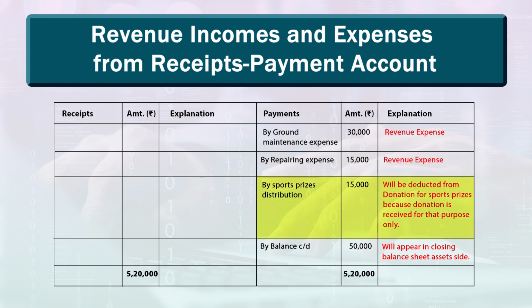Sports prize distribution of amount rupees 15,000 will be deducted from donation for sports prizes because donation is received for that purpose only. The balance carried down of rupees 50,000 will appear in the closing balance sheet at asset side.